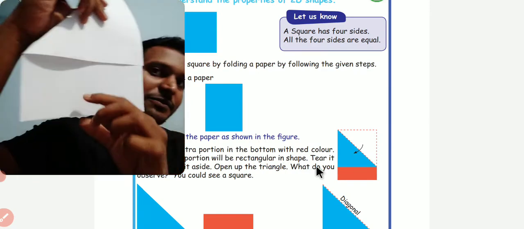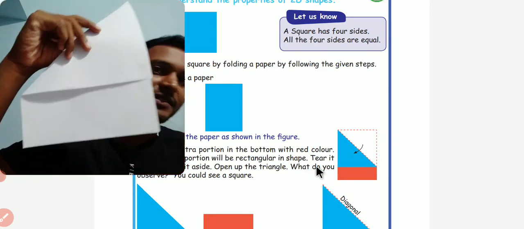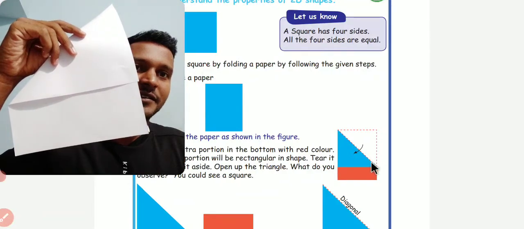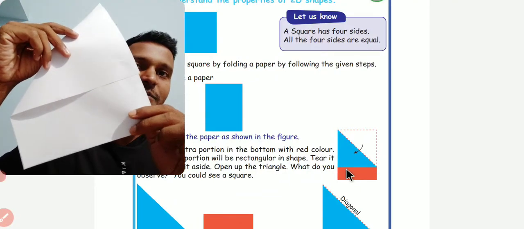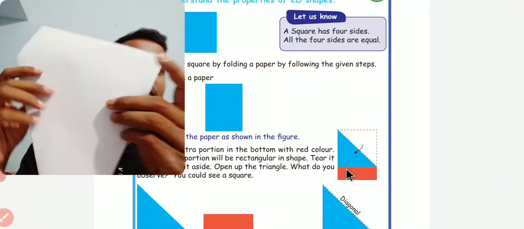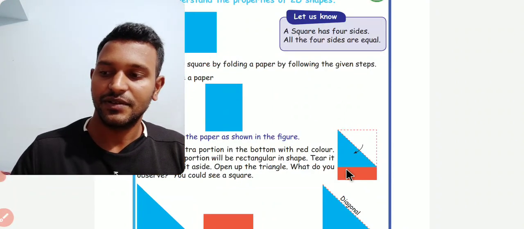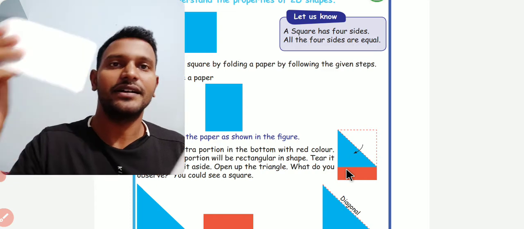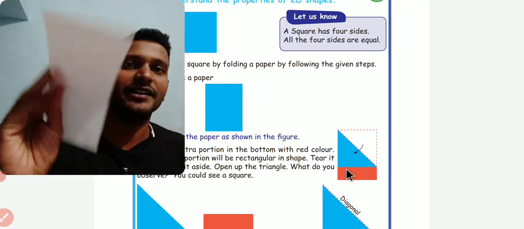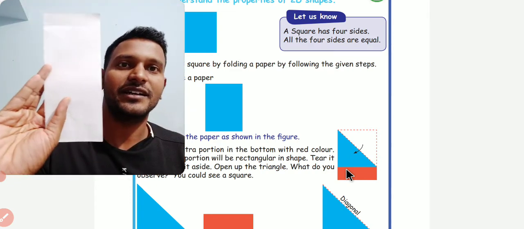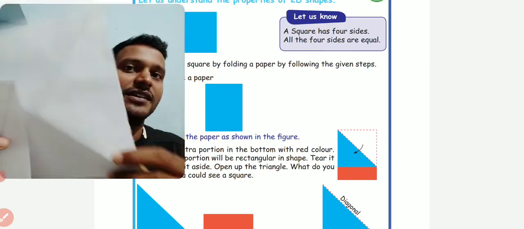This part looks like a rectangle. Here that part is there, you see the red color I marked here. We have to tear that part. I am going to tear that part. I tear that part. I have one rectangle part and another square part.